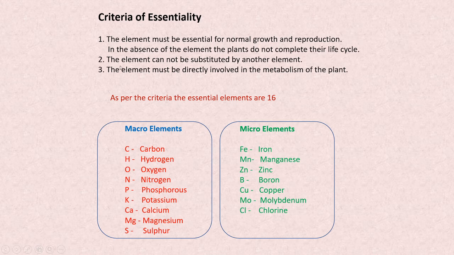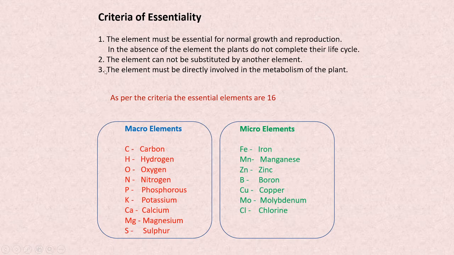And the second one is, the element cannot be substituted by another element. That is, carbon cannot be substituted by nitrogen, or phosphorus cannot be substituted by magnesium. Likewise, not a single element can be substituted by any other element. That is, its requirement is very much essential.